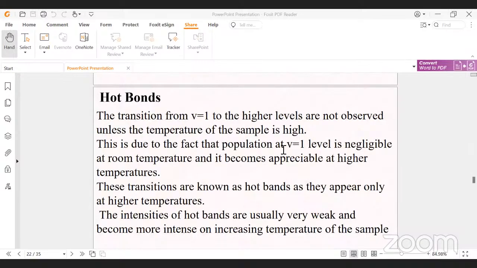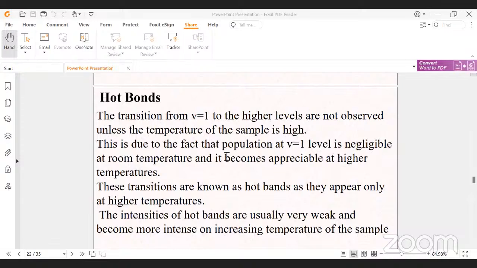Hot bands. The transitions from V0 to higher levels are not observed unless the temperature of the sample is high.